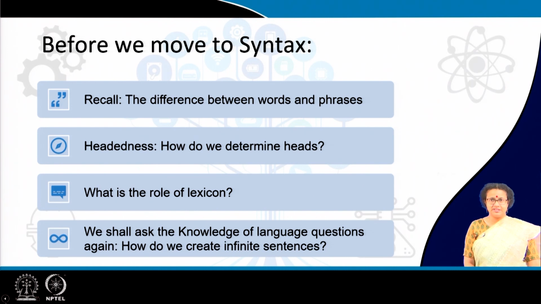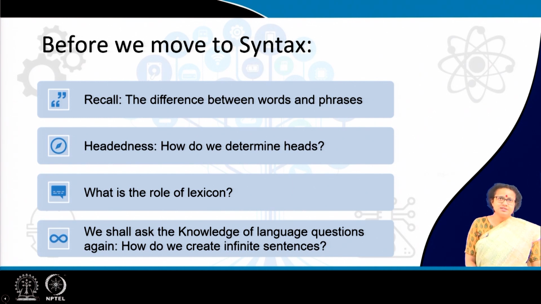We do call them the heads. How we determine the heads is another question which will be useful for us for syntax, the idea that we learned from morphology. We learned the idea of headedness in terms of compounds, if you remember. We did say that there is a rule of right-handedness which is important for us to decide the nature of compounds, the type of compounds.